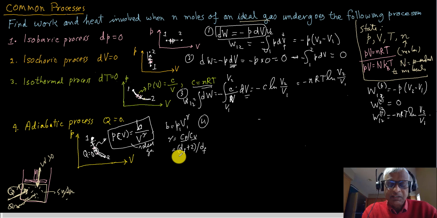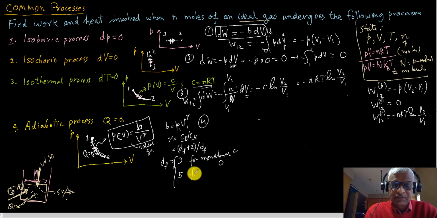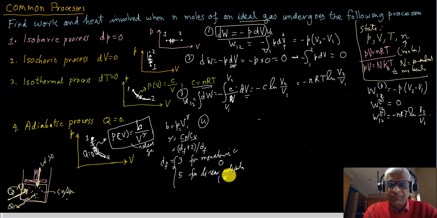If you work it out in terms of degrees of freedom, it is related as follows. It's 3 for monatomic gases, where the molecules are just one atom, 5 for linear molecules, where vibration is not active, so the temperature is not too high, and 6 for all others, vibration not active.